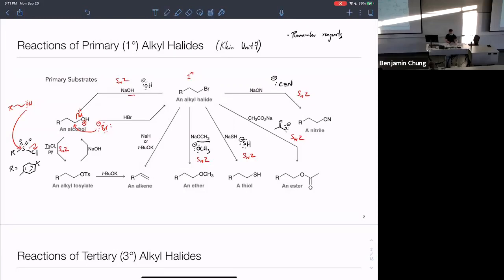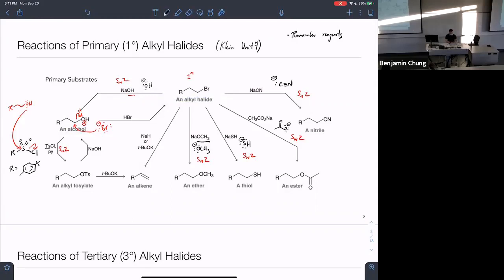So for instance, if I want to generate an alcohol from an alkyl halide, know that you have to react it with sodium hydroxide in order to get displacement of that bromide. So I need you to know starting material, reagent, and product, because that is essentially what you need to tell me when I ask you to make more complicated molecules, say starting from an alkyl halide, and I want you to go through an alcohol intermediate and then more synthetic steps subsequent to that.